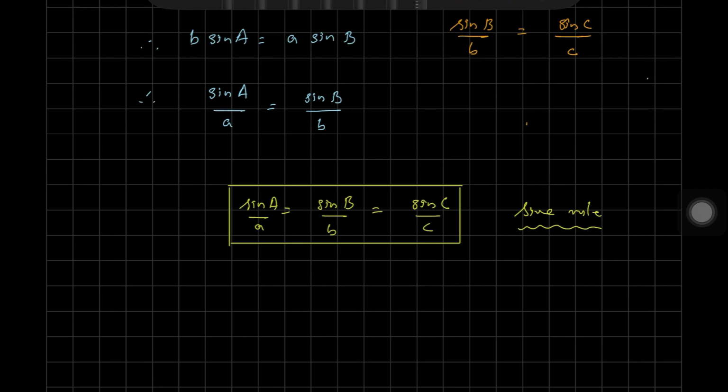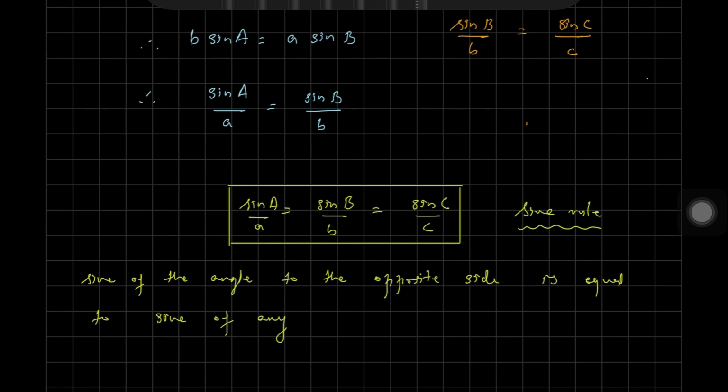So, if you tried that, you could say that the sine of the angle to the opposite side is equal to the sine of any other angle in the triangle, of course, to its opposite side.